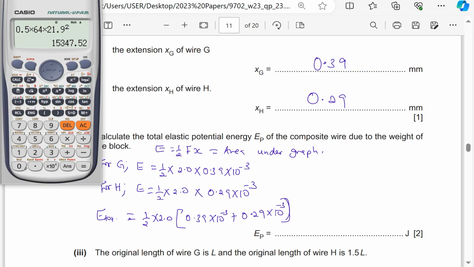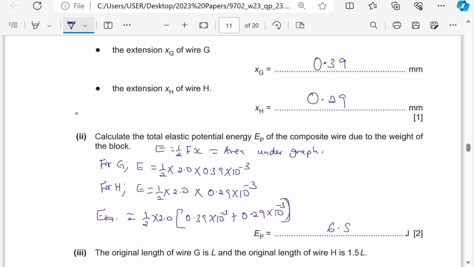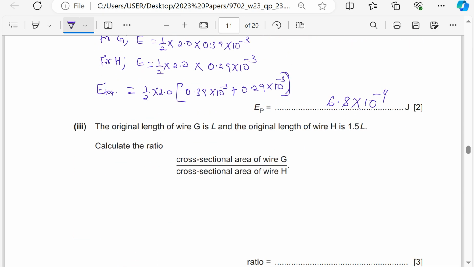So I'll just check this. 0.39 exponent minus 3 plus 0.29 exponent minus 3, then times 2, divide by 2. So I have 6.8 times 10 to the power of negative 4.